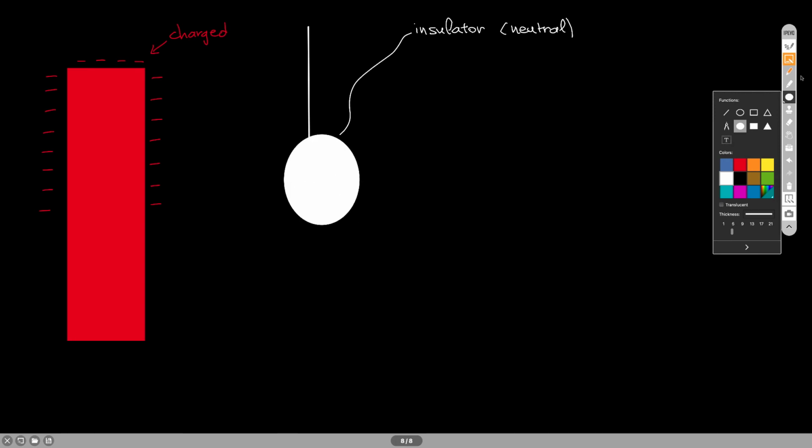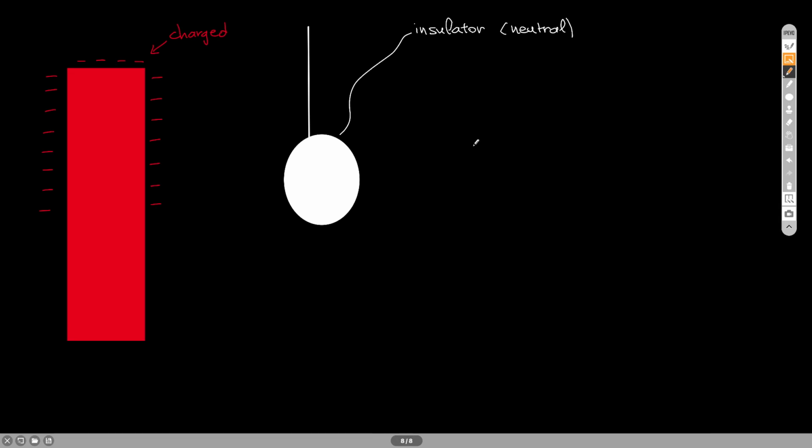So when I say that they can move, what I mean is that they will feel the repulsion from the excess negative charges on the charged rod, but because they need to be around their nuclei, they will just go to the side. They will all be to the right of their nuclei, from my perspective.